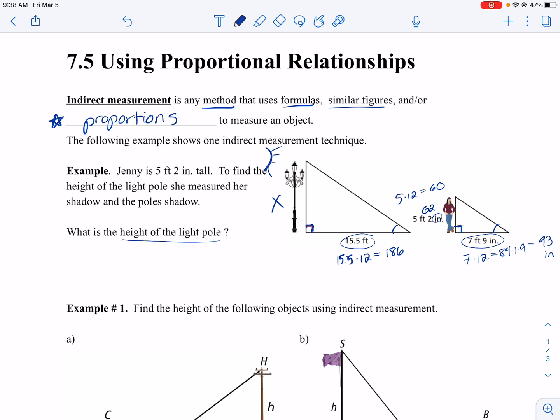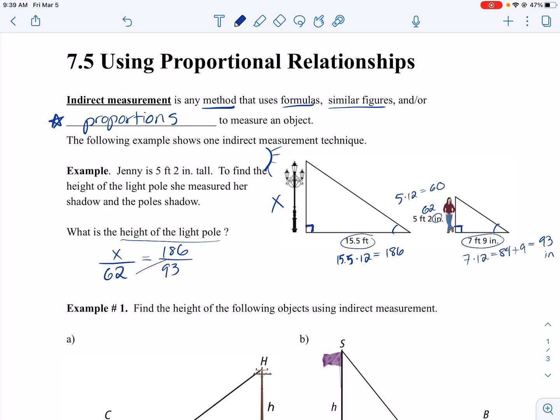Let's set up a proportion using the corresponding sides. So the height of the light pole is x. The height of Jenny is 62 inches. Equals the length of the shadow cast from the light pole, 186 inches, and the length of the shadow cast by Jenny, 93 inches.